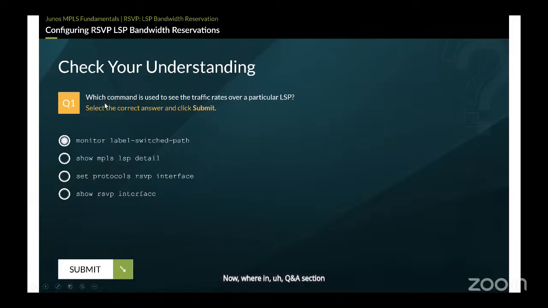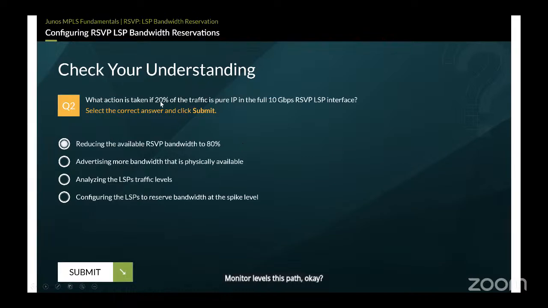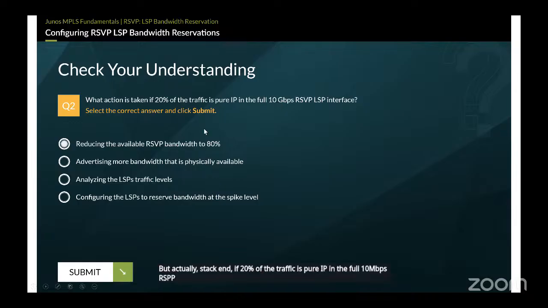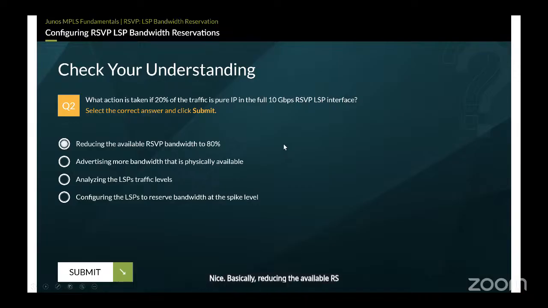Question one: which command is used to see the traffic rates over a particular LSP? Monitor label-switched-path. Okay. What action is taken if 20% of the traffic is pure IP in the full RSVP LSP interface? Basically, reducing the available RSVP bandwidth to 80%.